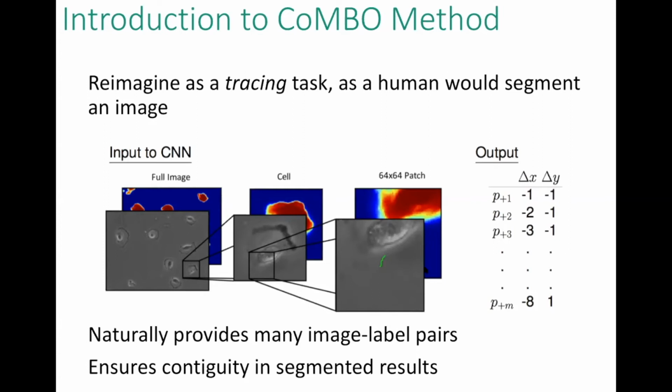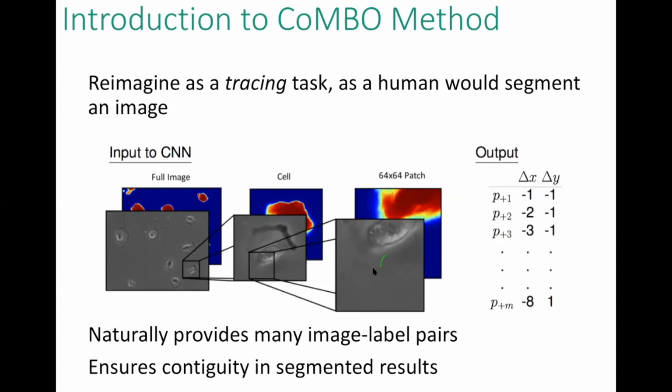So the way our convolutional network works is that we have an input image, right? The input image to our CNN is a small patch with a previously drawn contour on it. So this gives us direction to know which way we should be tracing. And the output of our CNN is the next, say, M predicted pixel locations in both the X and Y directions.